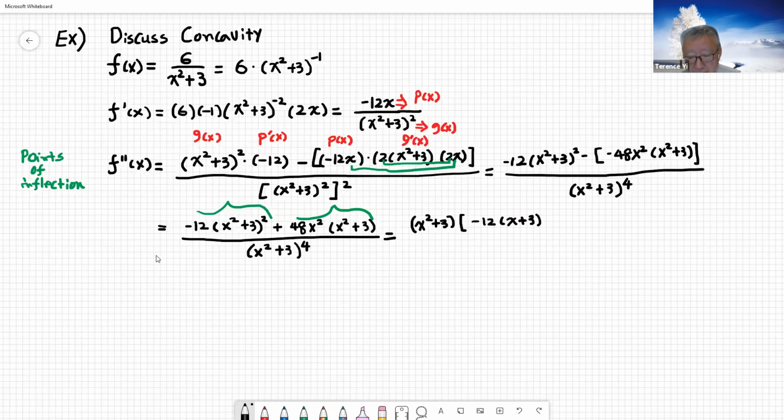And then on the other one, I'm just going to get my plus 48x squared. And the bottom here, we have (x squared plus 3) to the 4. As you can see, some of these things are getting more complicated here.